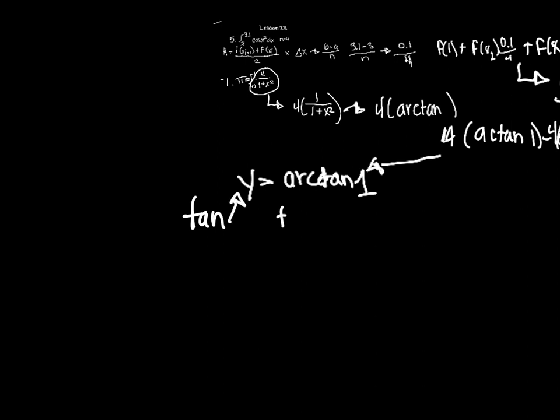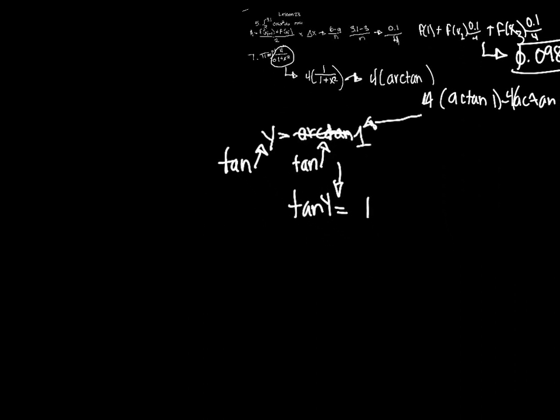We put a tangent here, and this will cancel out the arctan. And we'll be left with tan of y is equal to 1. And what is y when tan of y equals 1?